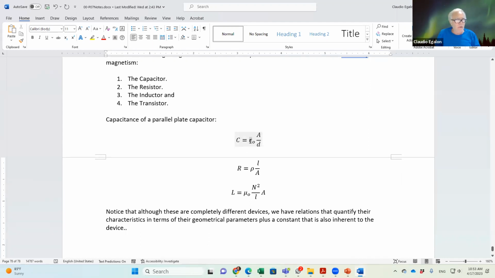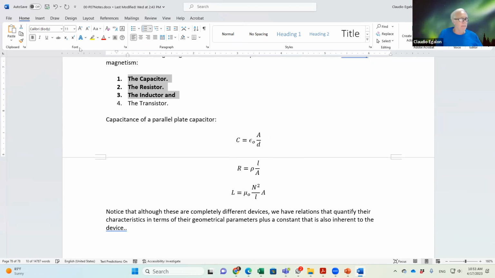Epsilon naught is a constant of the dielectric inside the capacitor. Rho is a parameter related to the resistor because it's the resistivity. The resistivity changes from material to material. And mu naught is also a constant related to whatever is inside my inductor. Okay? So those are the three very important devices that you have to keep in mind.